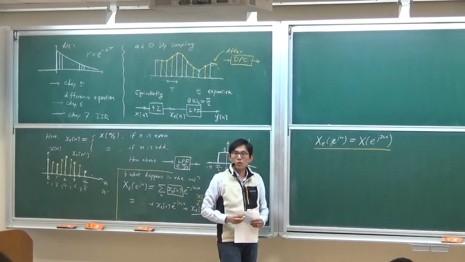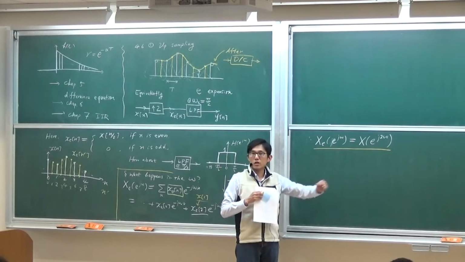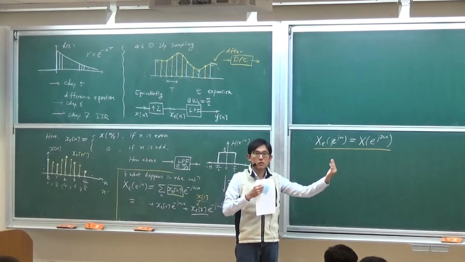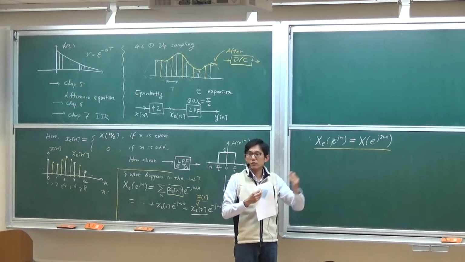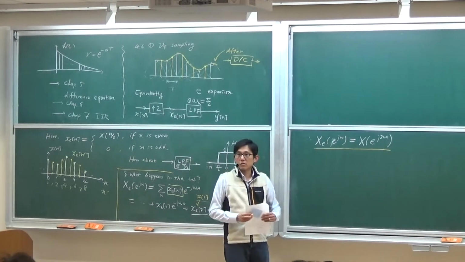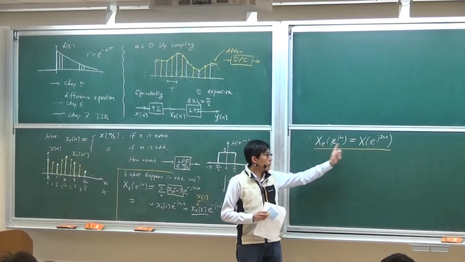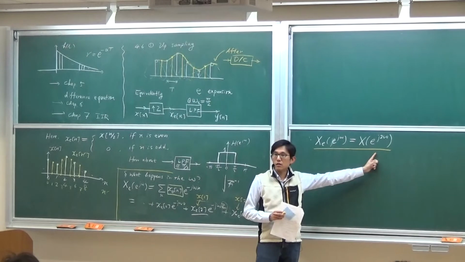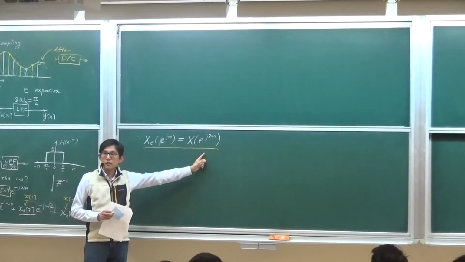Expansion in the time domain corresponds to compression in the frequency domain. If we stretch in one domain, we squeeze in the other domain. That is the meaning of stretching and compression. Because the expansion in time domain makes the signal look longer. In the frequency domain, we have this equivalent relationship. I hope this is clear enough. Is it clear? Is it not clear?